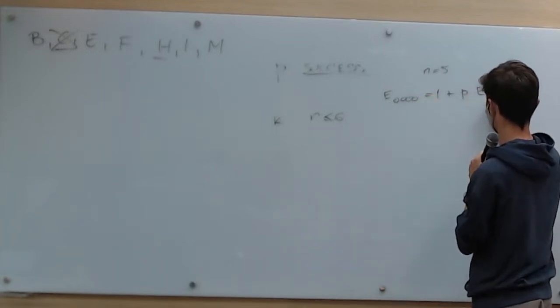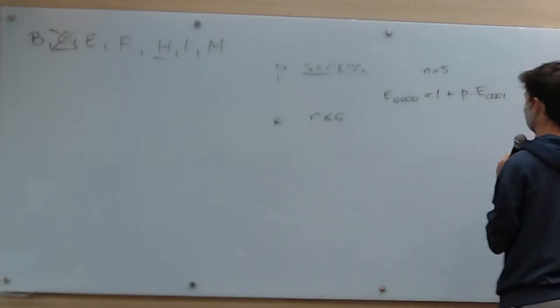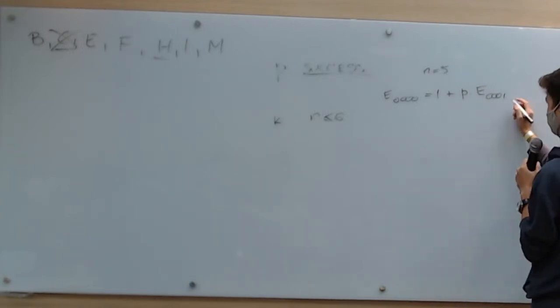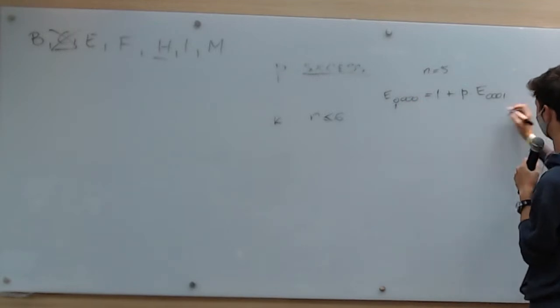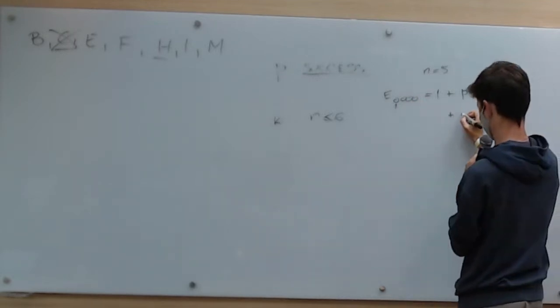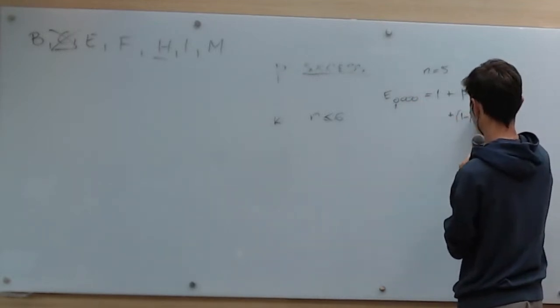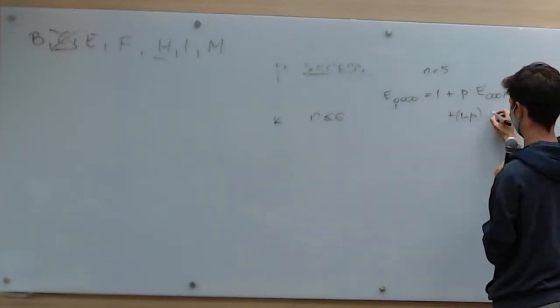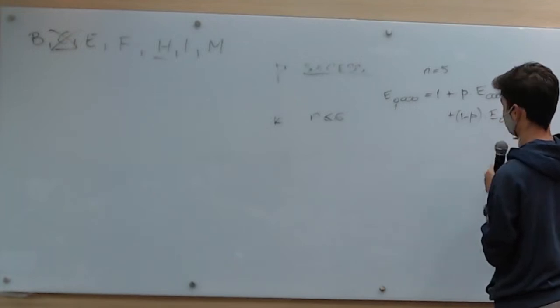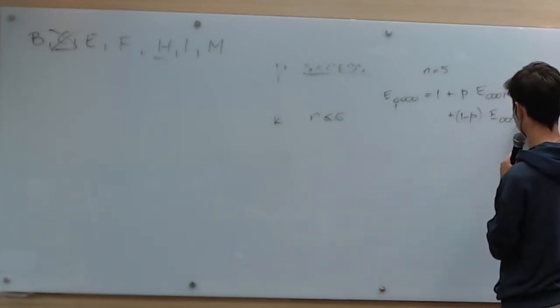So it's like this, right? Because the last one was a success and this one is not meaningful anymore. And in the other case, with probability 1 minus P, you got a failure, right? So you shift but add a 0, right?